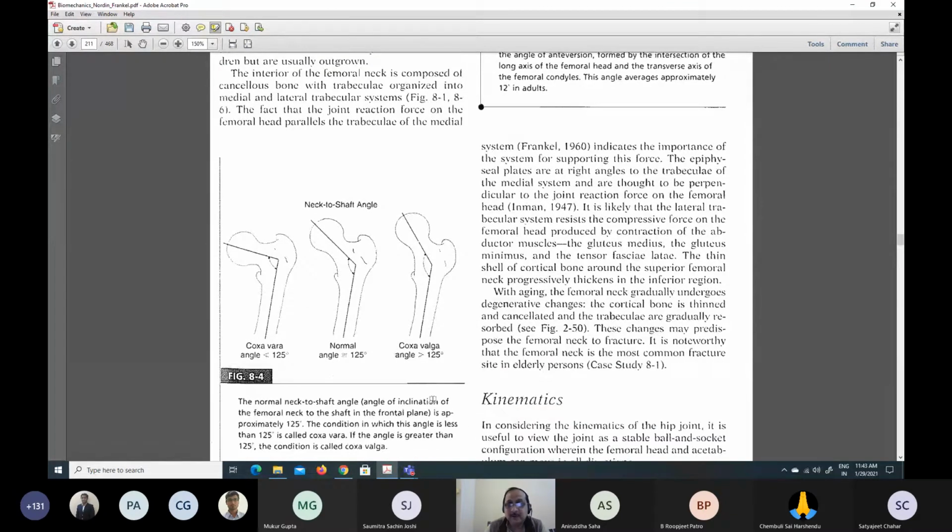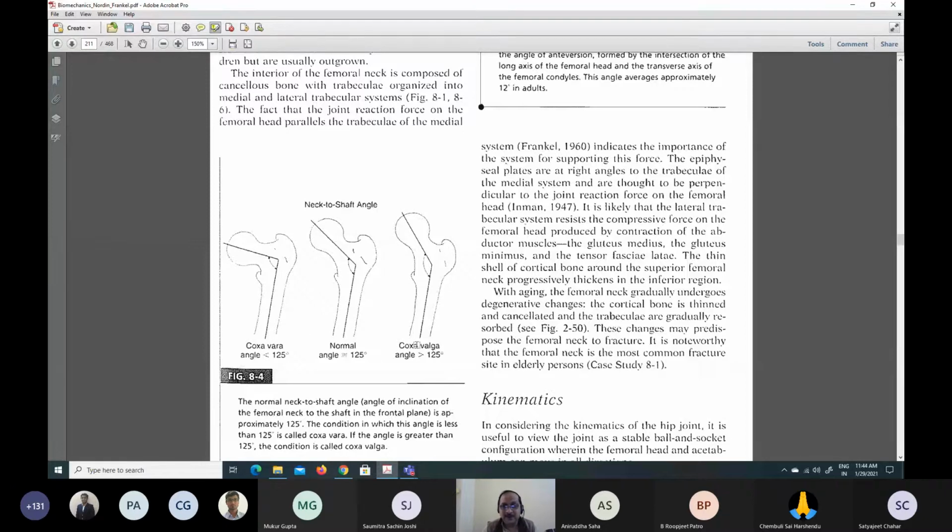So here you can see what I was exactly trying to tell you, that there can be three cases. One is the normal case in the middle, where the neck shaft angle is around 125 degrees. Well, the ideal is 125 to 135 degrees, but anything beyond that, we have two types of structures.